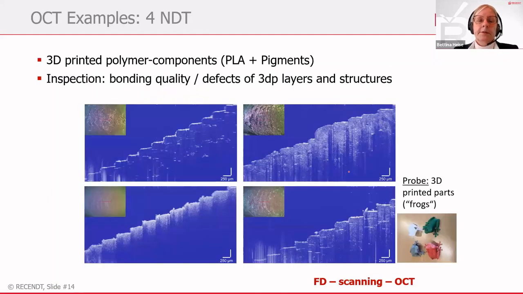You can see it nicely, maybe in these upper left images, that is more or less directly reflecting components. These are 3D printed components which have the same material as matrix, but they have different pigments, and so they are different in their scattering behavior.